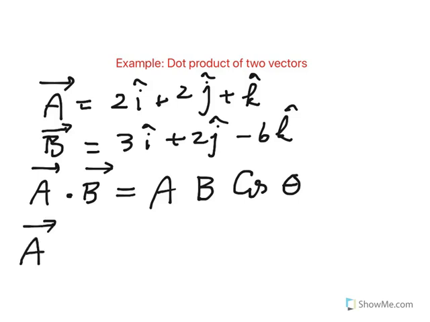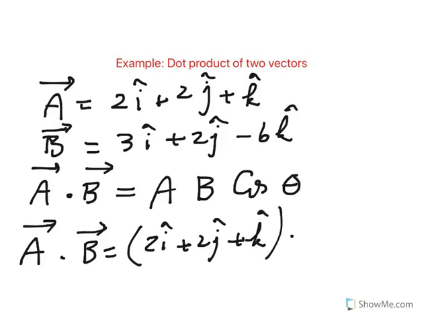So remember, A dot B is simply as if you're multiplying. So you have 2i plus 2j plus k, right? Dotted with 3i plus 2j minus 6k.